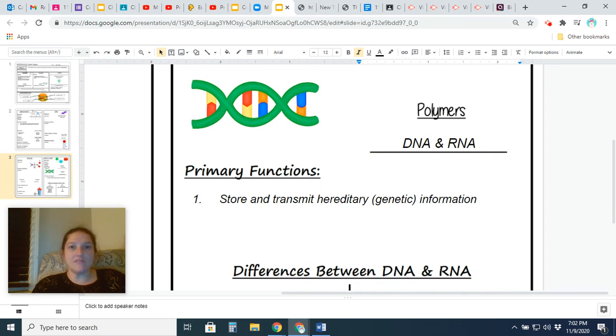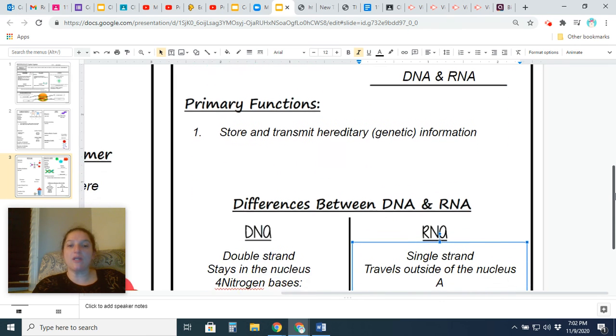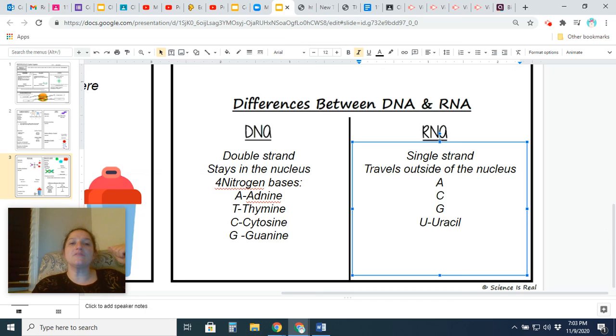The function of DNA and RNA is to store and transmit genetic information. And then, of course, we have a few differences between DNA and RNA. The most notable is that DNA is double-stranded and RNA is single-stranded, and even though they share 3 of the same nitrogen bases, they differ in thymine and uracil. All right, ladies and gentlemen, that concludes our notes on the macromolecules.